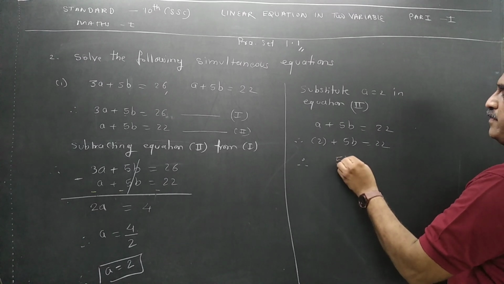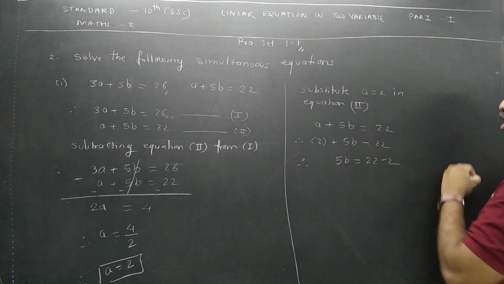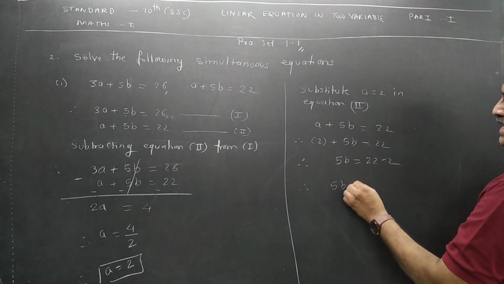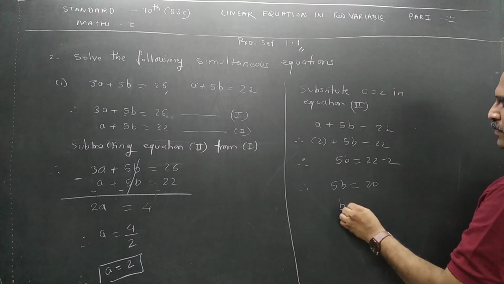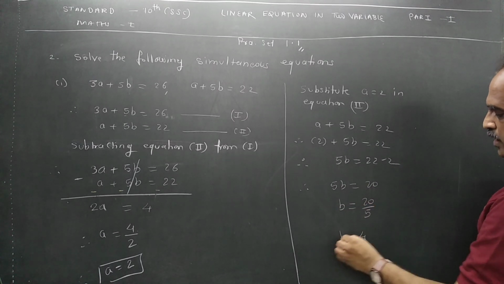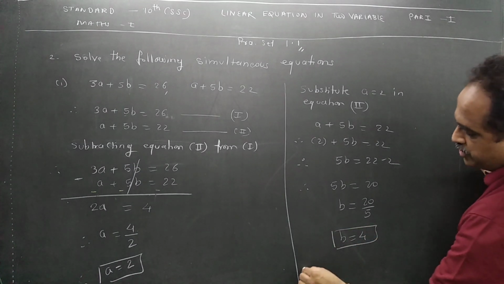Therefore, 5b is equal to, if it is plus 2 and I am transferring it, it will become minus 2. So ultimately 5b is equal to 20, b is equal to 20 upon 5, and b is equal to 4. Then what are you going to write? Solution.